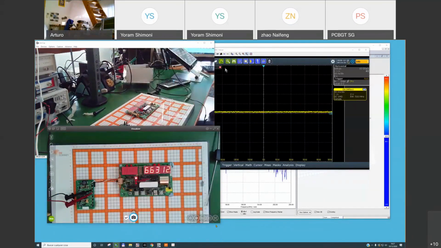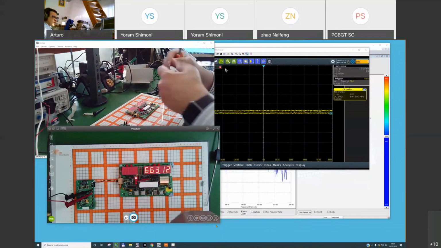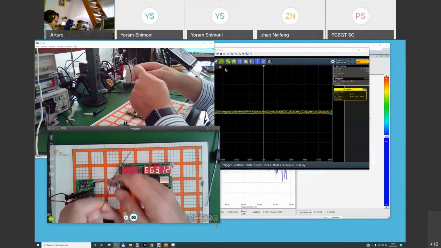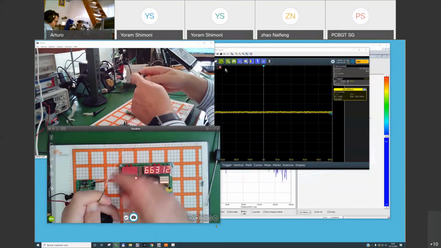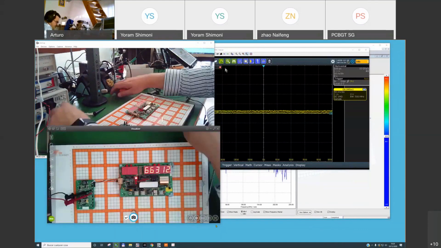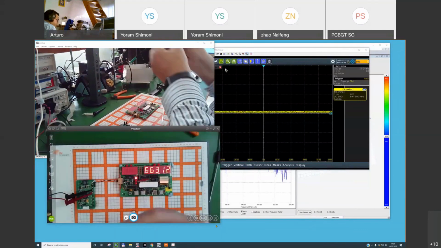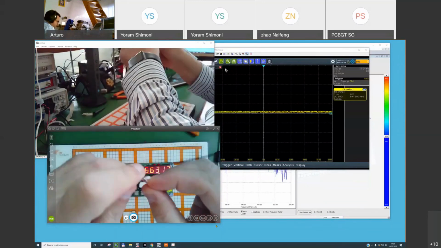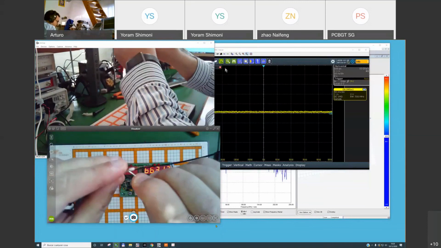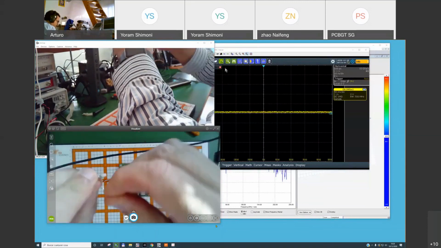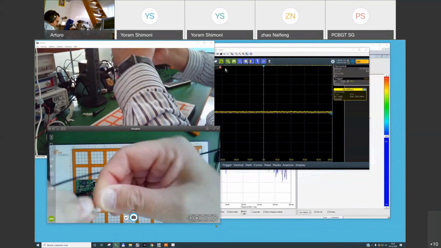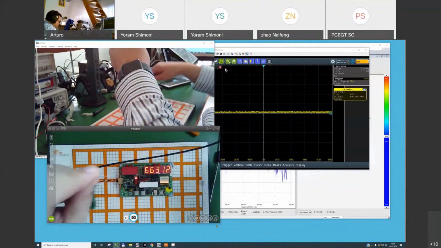What I usually do is to take a piece of wire like this one, remove the plastic, you cut, connect here, and then you make several turns around the ground shield of the probe, 2 or 3 turns, and then you cut here.